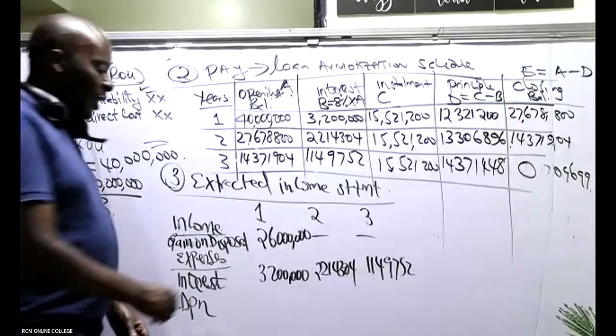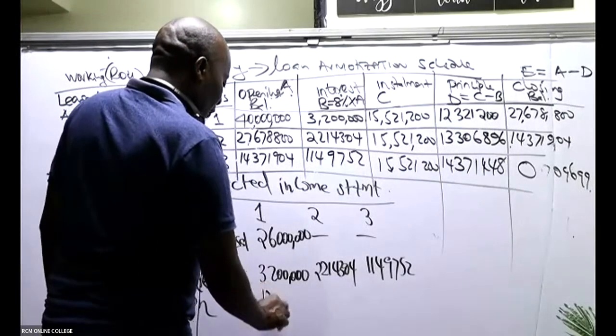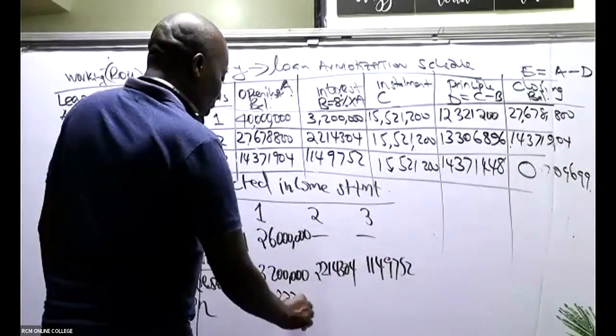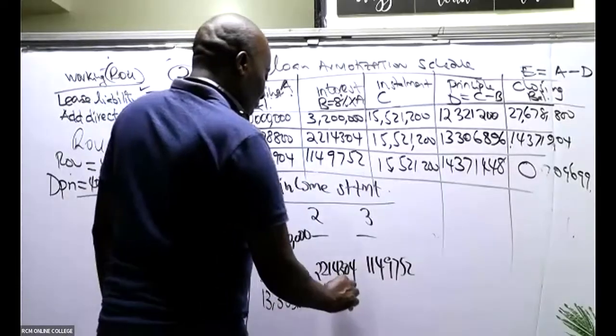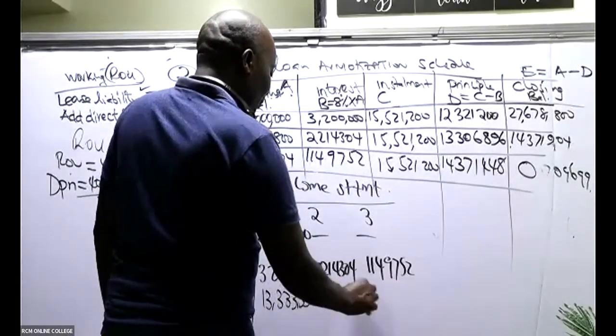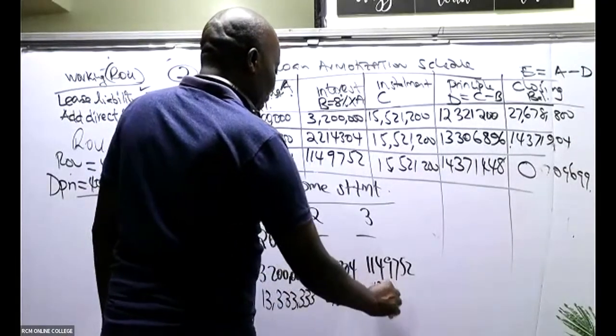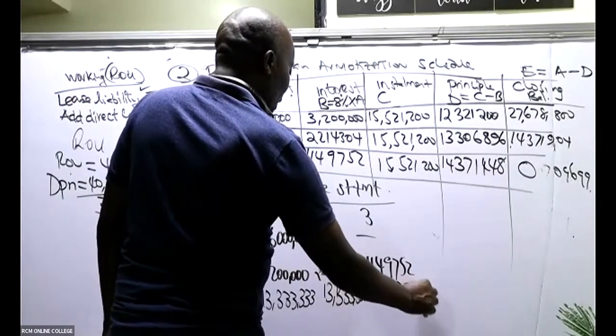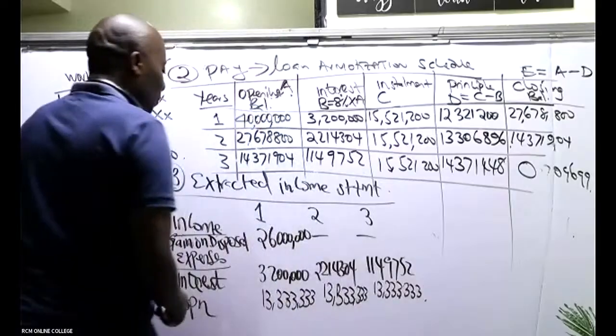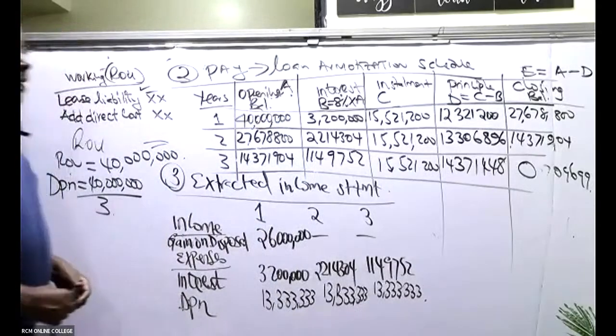So we have here 13,333,333. And now you are through with your extracted income statement.